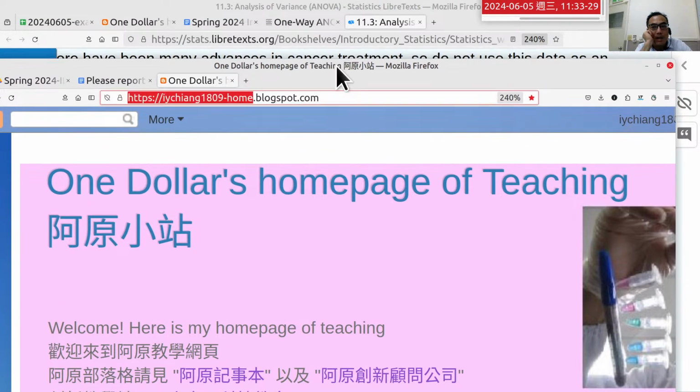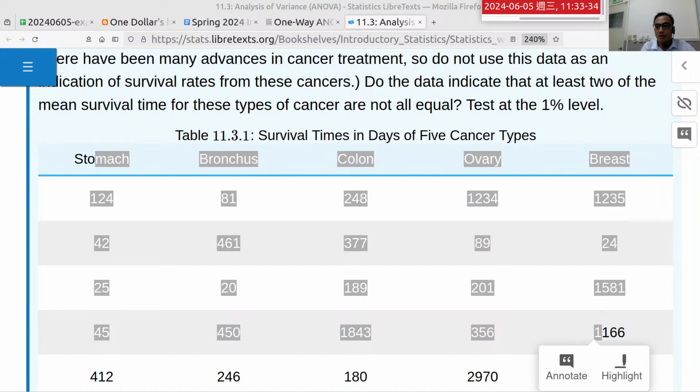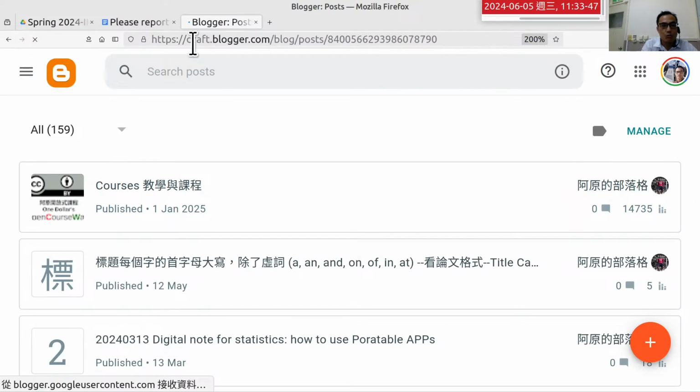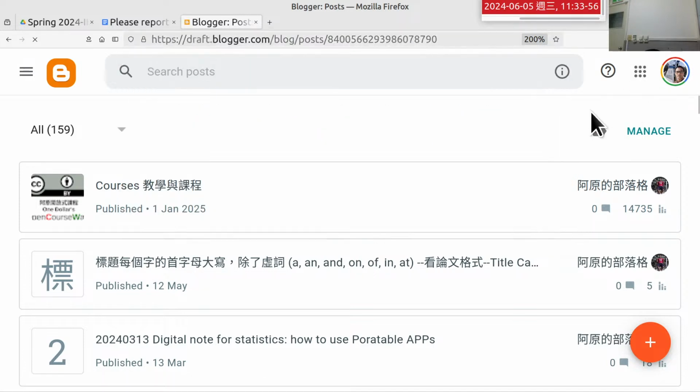And from my backside, the backyard looks like this. Draft.blogger.com. Actually, no one can read it. So please modify the website, because it's restricted, it's not the website.